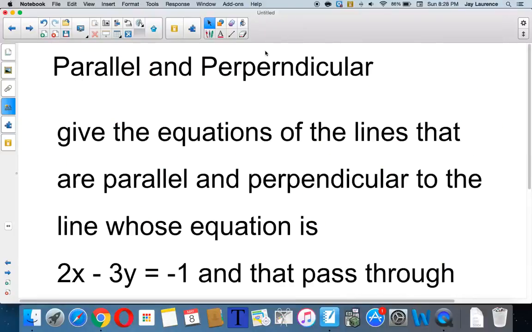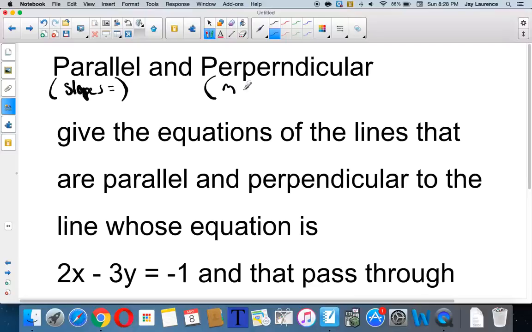Now, parallel and perpendicular lines. Do you remember what's true about parallel lines? Parallel lines have the same slope. So slopes are equal to each other. But perpendicular lines, their slopes are negative reciprocals.